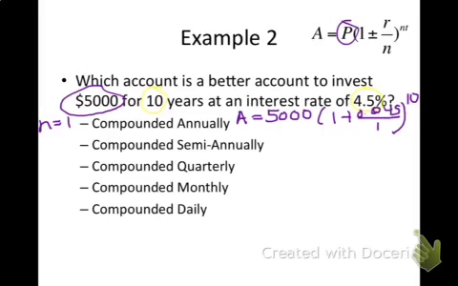Next one, N would have to be equal to 2. So A is equal to 5,000 times 1 plus 0.045 over 1, and we're going to raise it to the 10 times 2 power.